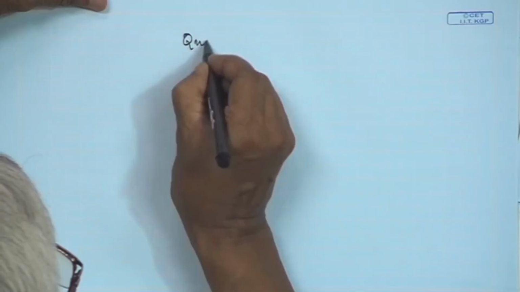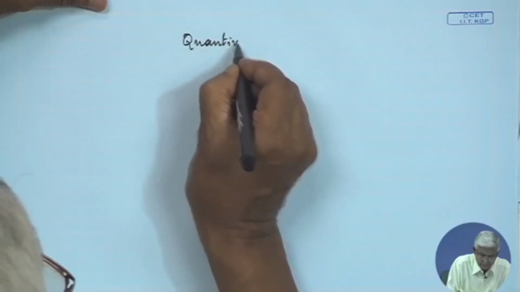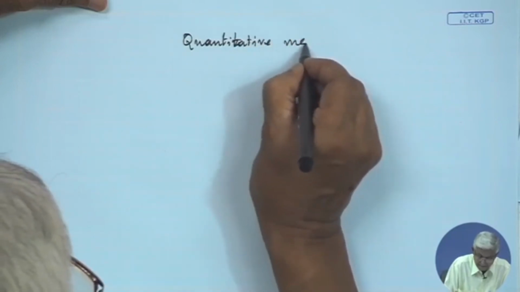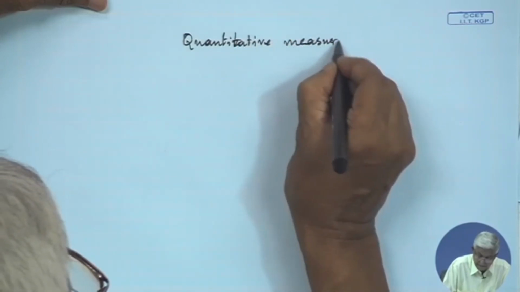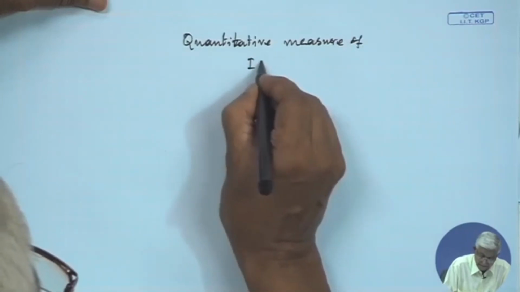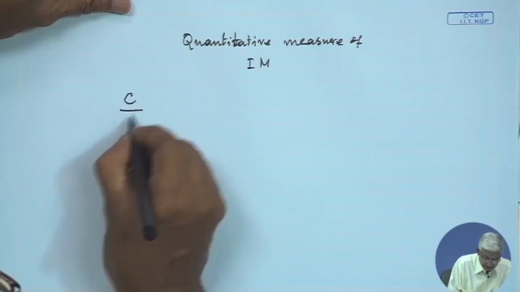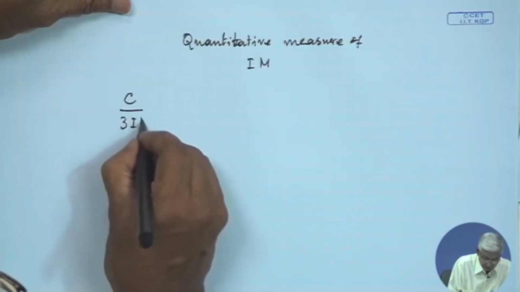Now, with this I can give you some more information, that is, how the manufacturers quantitatively measure and then specify. This is a quantitative measurement of the intermod product. The term they use is carrier to third order intermod.